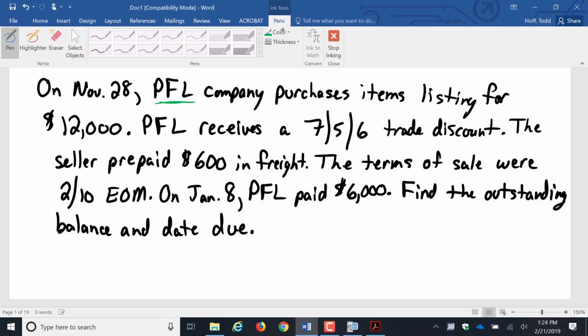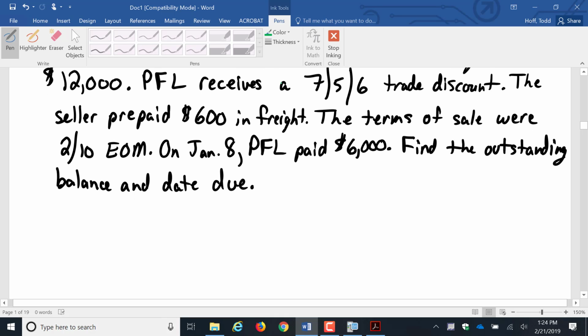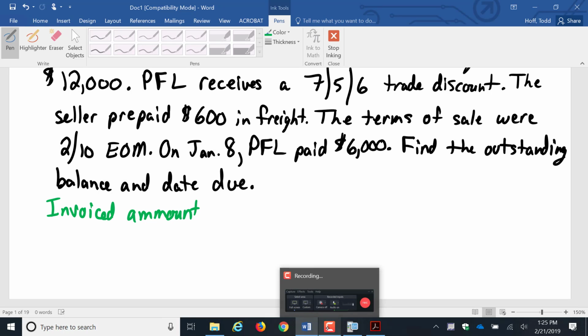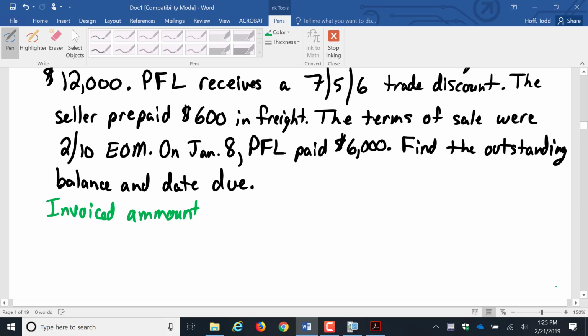Well, the first thing we need to find here is the amount that actually went on the invoice. The invoiced amount is after the trade discount.